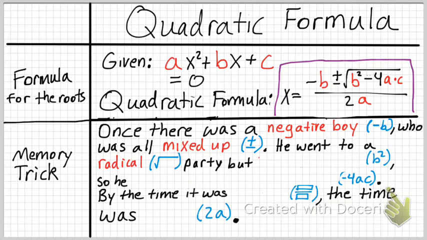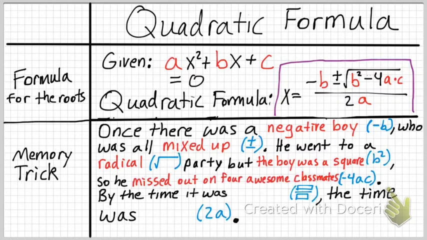But the boy was a square. And that tells us that the b inside the radical is going to be squared. So he missed out on 4 awesome classmates.